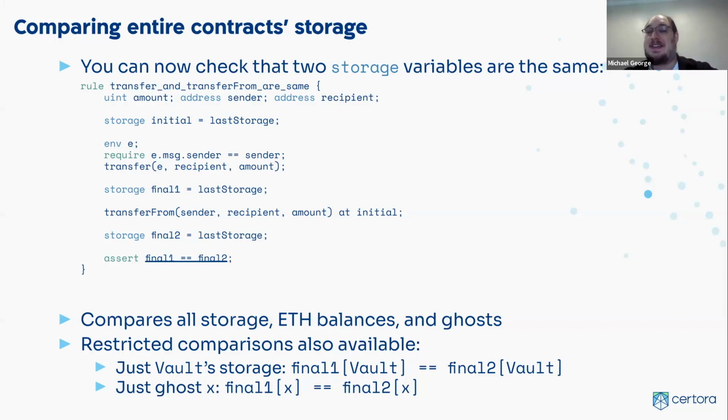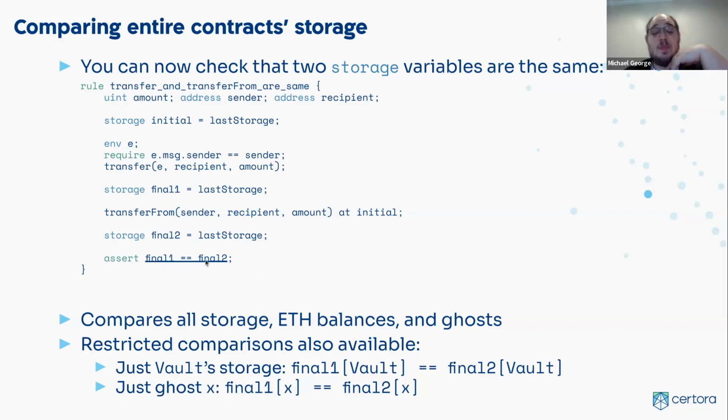Optimization leads to complicated programs. That's an error-prone process, so you'd like to check, hey, did I make any mistakes when I was doing that? Well, now you have a very easy way to write a rule that checks that your optimized version and your simplified version have the same effect on everything, right? You would just run both methods and then compare the storage after, and hopefully those two things would be the same.